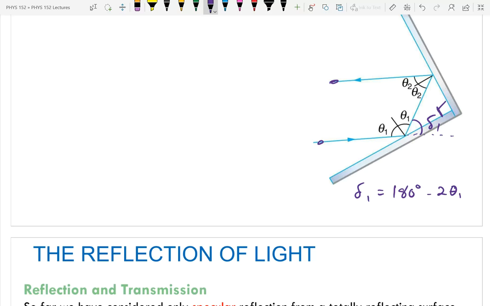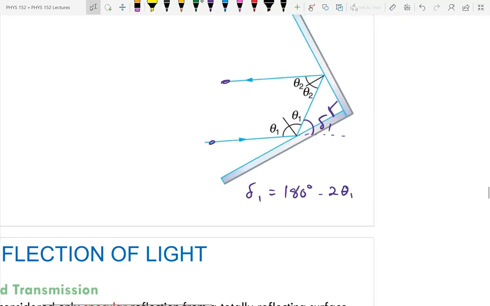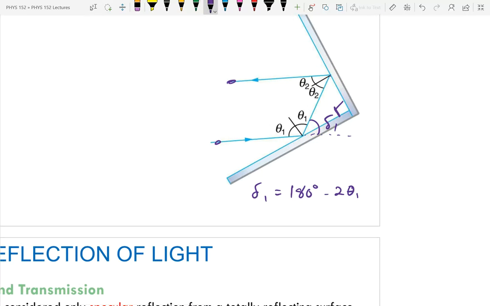Now it's going to go to the second surface, and at the second surface, it would have come like this. It has this much deviation. What's deviation 2 going to equal? Anyone who followed Gila?